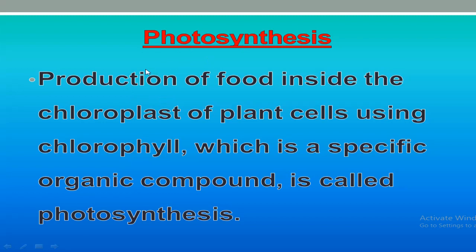Photosynthesis means production of food inside the chloroplast of plants. What is the chloroplast? The chloroplast is an organelle present in plant cells. It has a chlorophyll pigment, therefore plants appear green. The green color of the plant is due to the chlorophyll contained in the chloroplast.